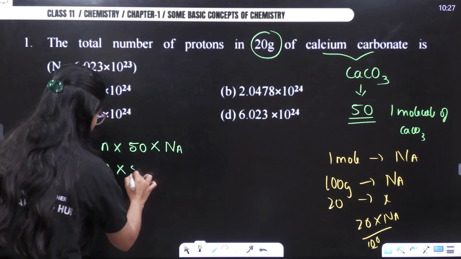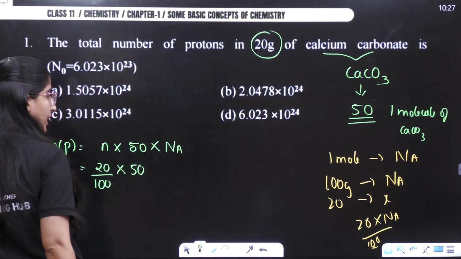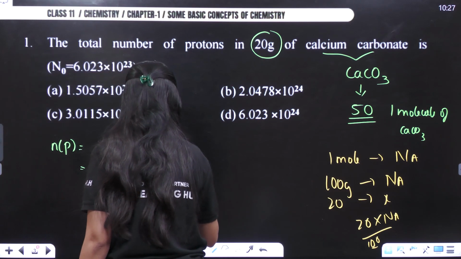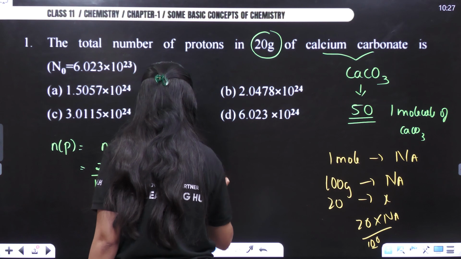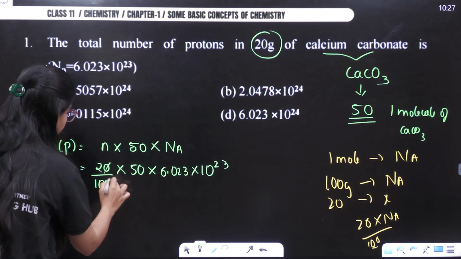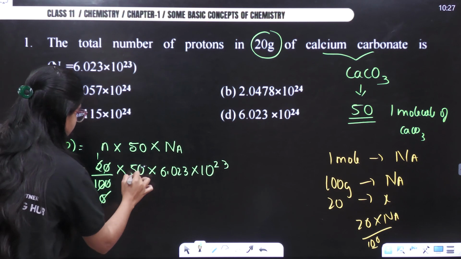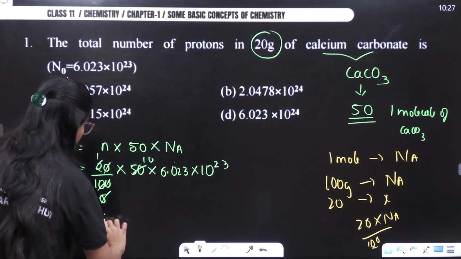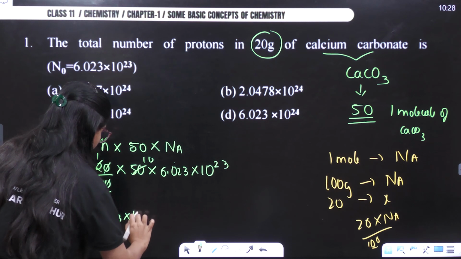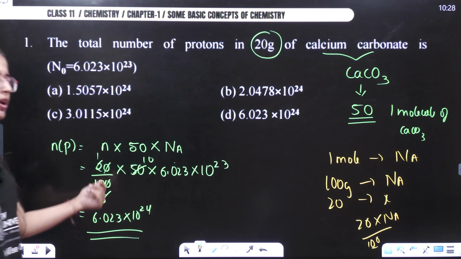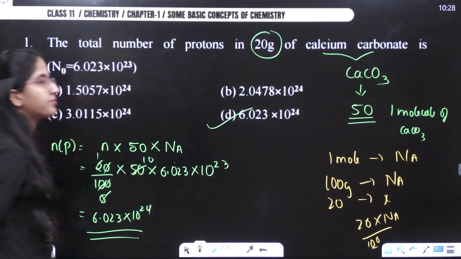Next, the number of protons is 50, into Avogadro's number, 6.023 into 10 raised to 23. So the number of protons comes to around 6.023 into 10 raised to 24. So the correct option will be option D.